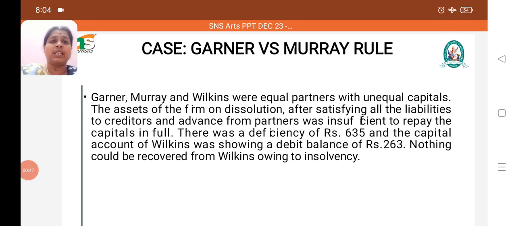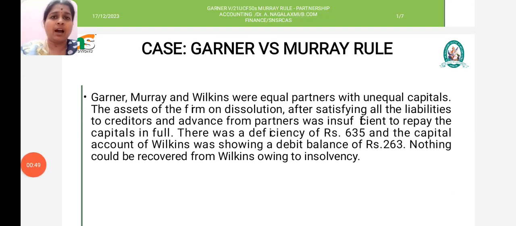First we are going to see the case Garner versus Murray. Garner, Murray and Wilkins were partners with equal capitals. The assets of the firm on dissolution, after satisfying all the liabilities to creditors and advances from partners, were insufficient to repay the capitals in full.